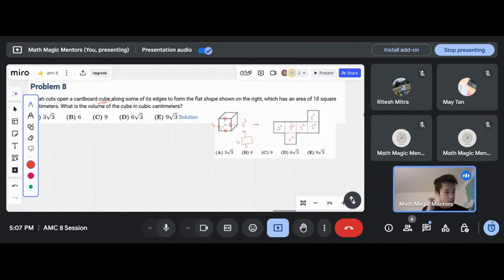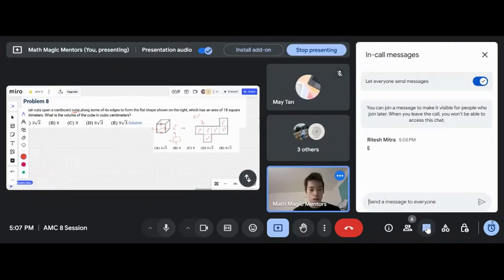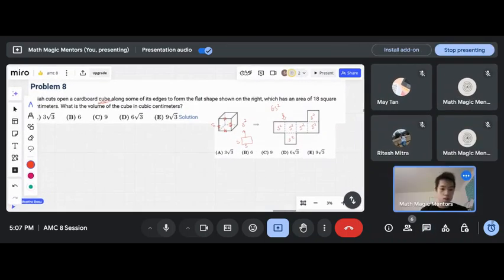Then it's easy to see that the total area here is just 6s squared. All right, does that make sense to everyone? The total area of the net is 6s squared.